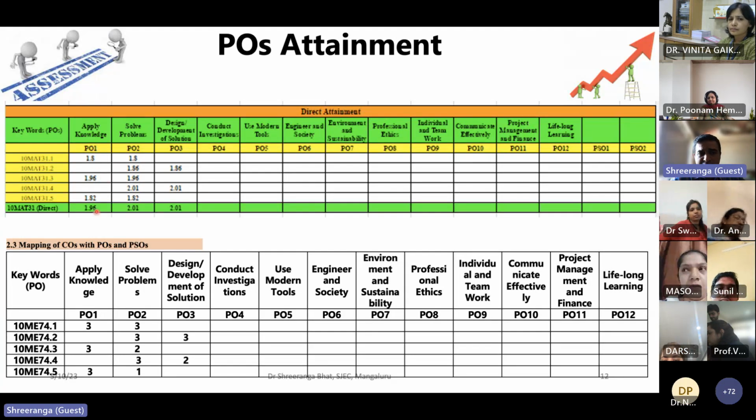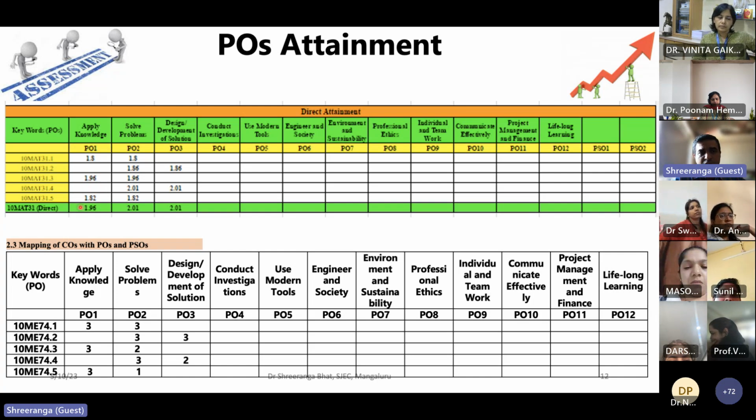The reason behind his suggestion was, say for example, a PO has been defined as communication skill. In a particular assessment, if the student was elevated to the level of 1.96, it is not necessary that he has to be dragged down to the average. That is the meaning of that. So that's why there are two options: take the average of all these three values, or else select the maximum value, whichever you want.